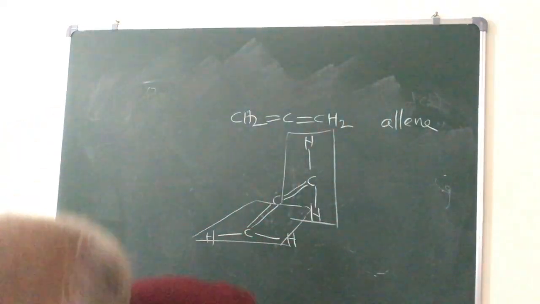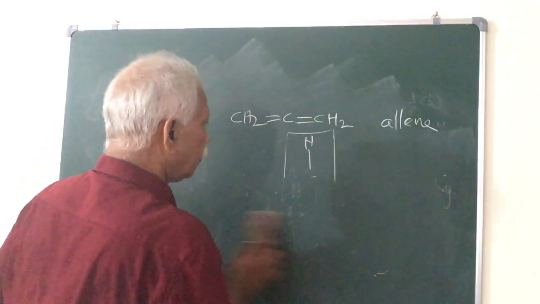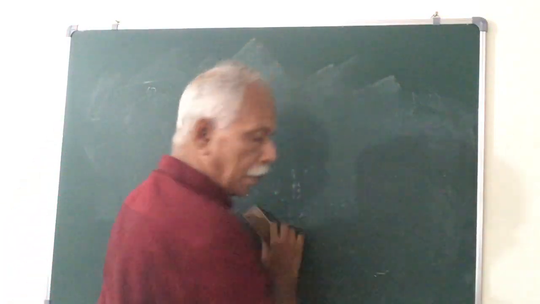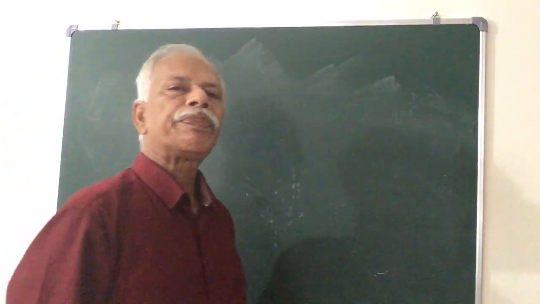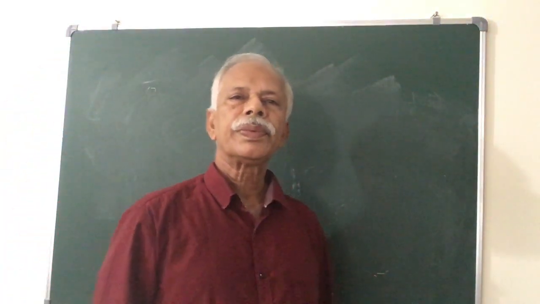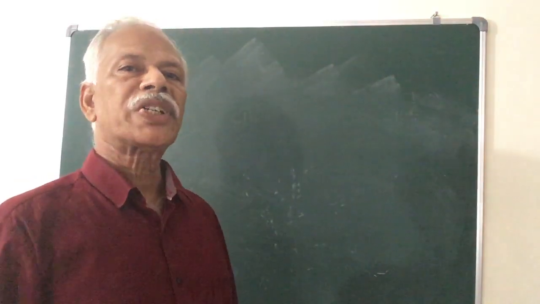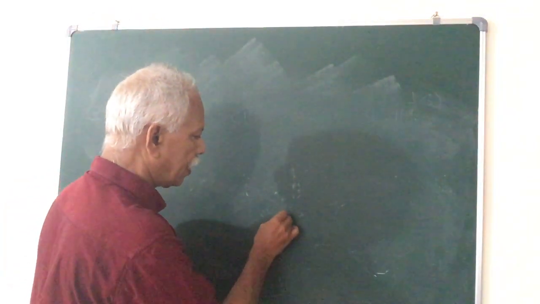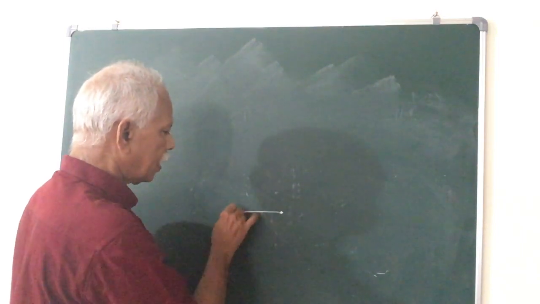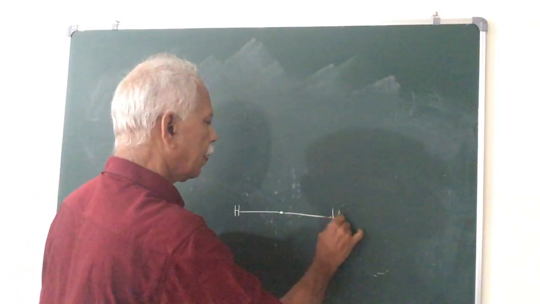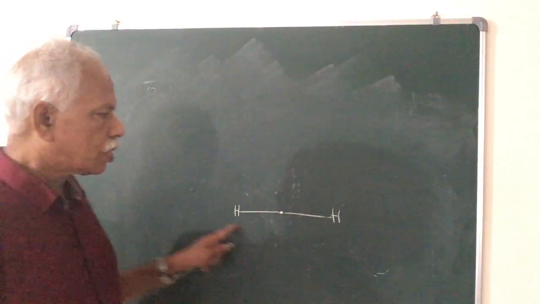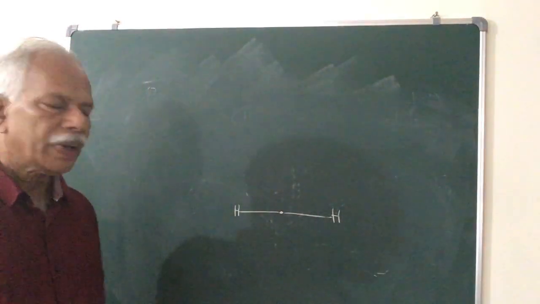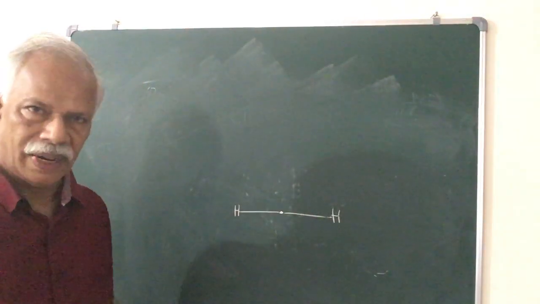Let me draw or try to represent propadiene by a Newman projection like diagram. The front carbon, which is a dot, and the hydrogens attached to it are almost along a straight line. Middle carbon we shall draw later.